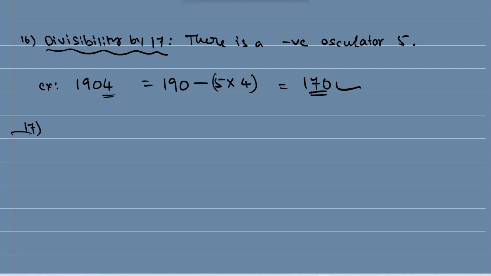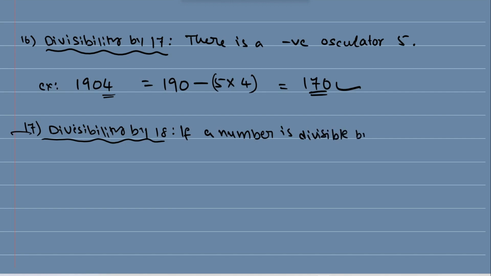That is the 17th one. What is divisibility by 18? You can guess: if a number is divisible by both 2 and 9, then the whole number is divisible by 18.